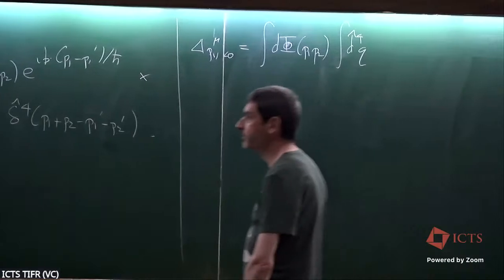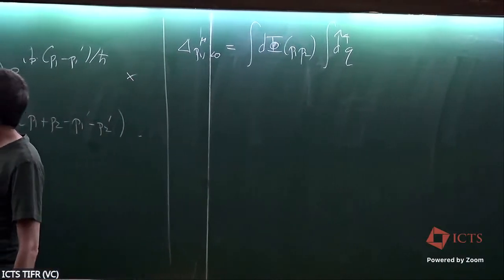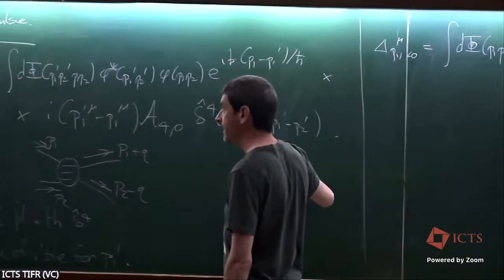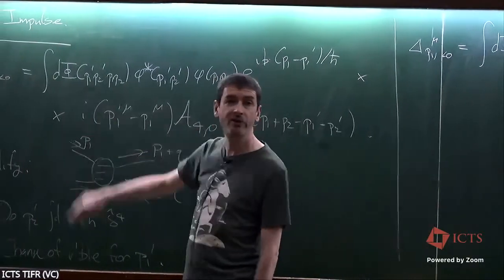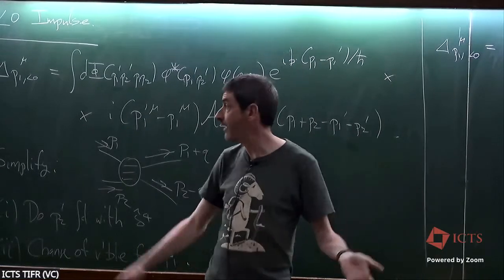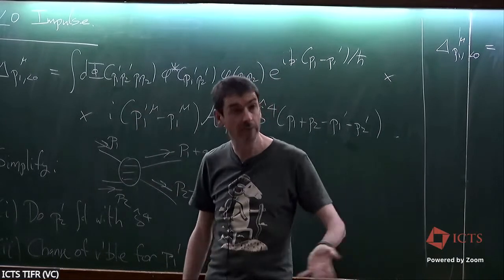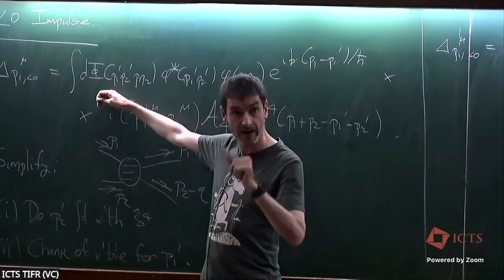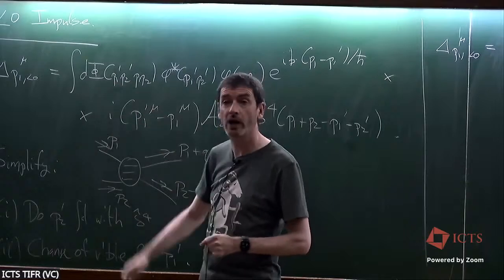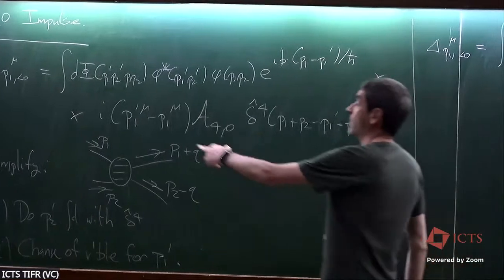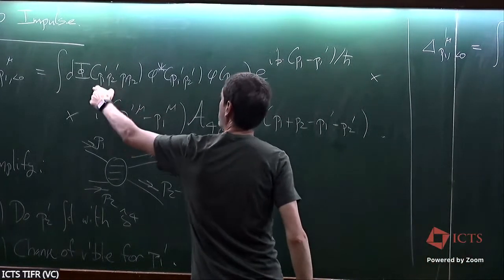Very good. Now I have to be a little bit careful because the P2 prime integral, I did it with the delta function. But d phi of P2 prime has a theta function in it telling me that the energy of P2 prime should be positive, and also a one-dimensional delta function saying that P2 prime squared is m squared. So there's going to be a delta function here, one for P2 prime, also one for P1 prime.